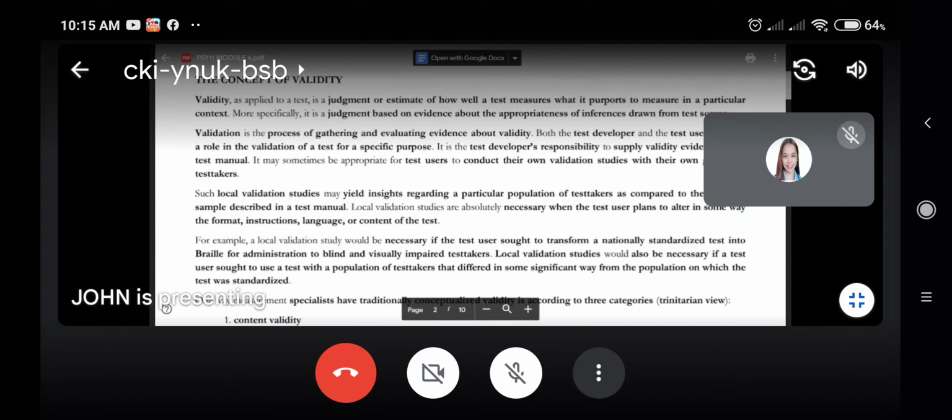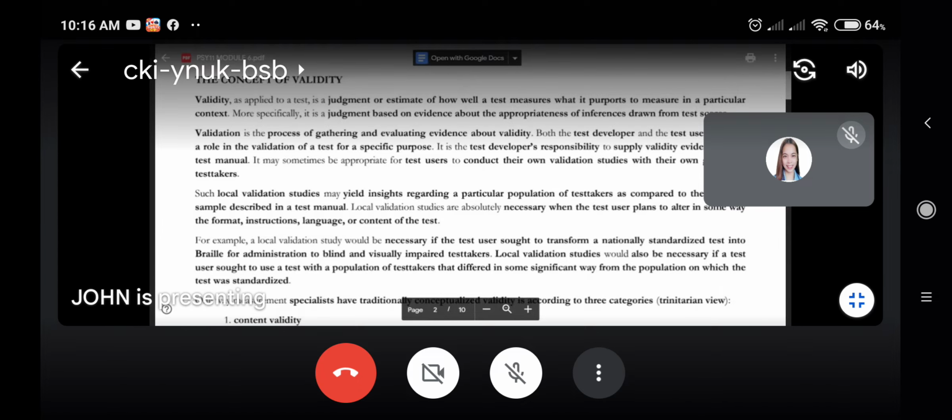So that's what we are talking about when we pertain to validity. The so-called validation is the process of gathering and evaluating evidence about validity. How are we going to establish the validity of the test? So that's the question. The validity of the test is an interplay between the role of the test developer and the test user.